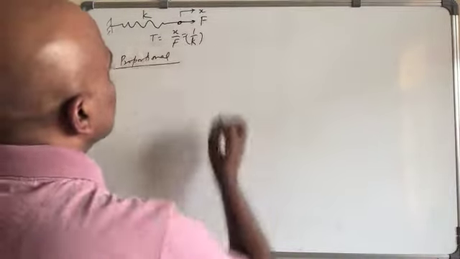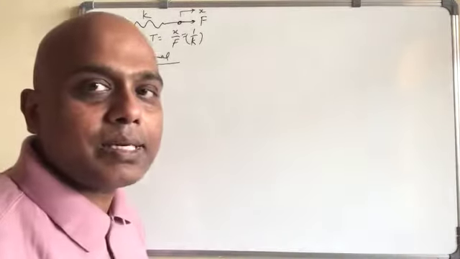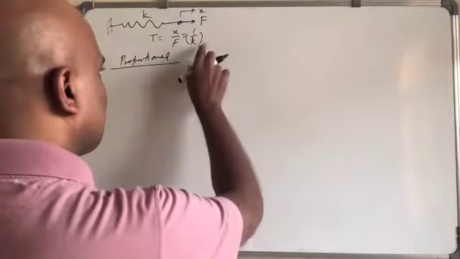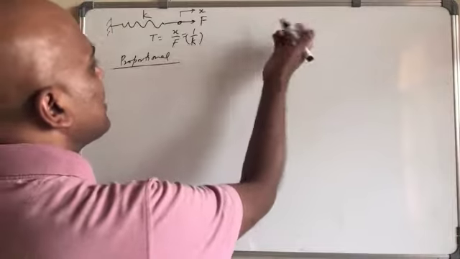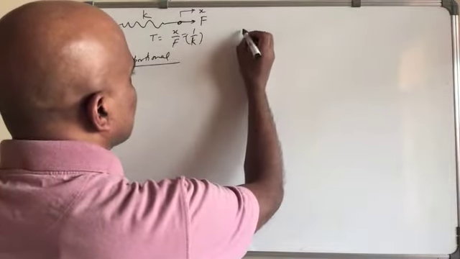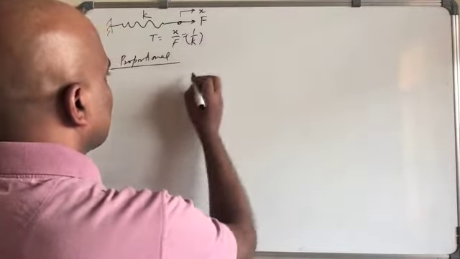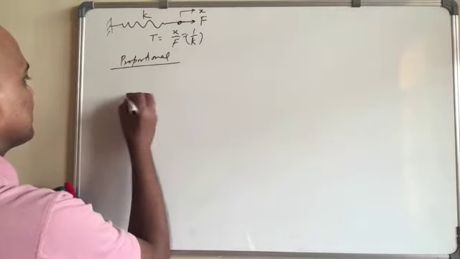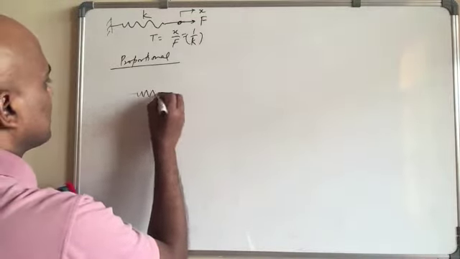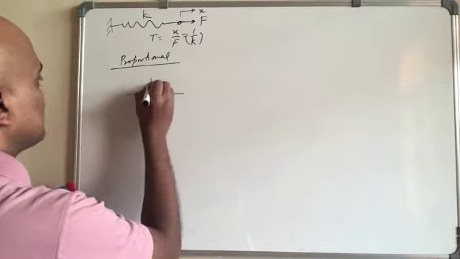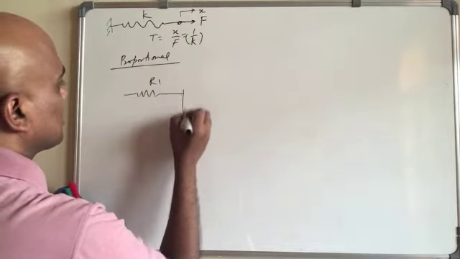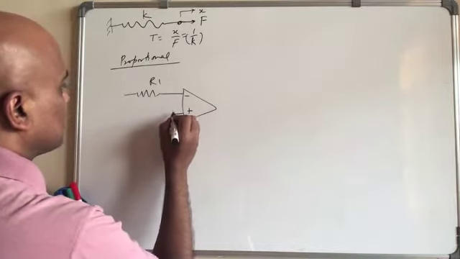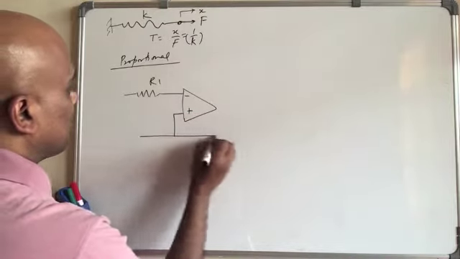So the same kind of thing, if you want to represent it with an IC, you can have this in series. So this is R1, minus, plus, the same as you have done already.